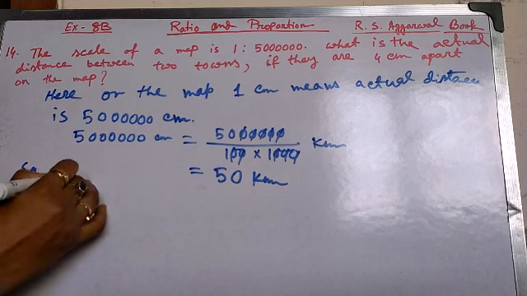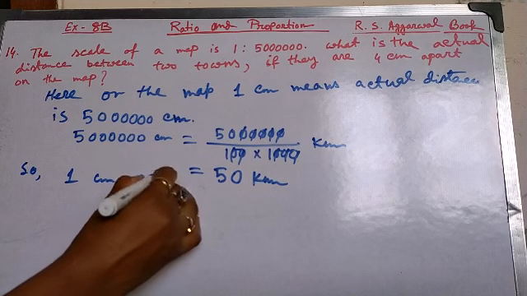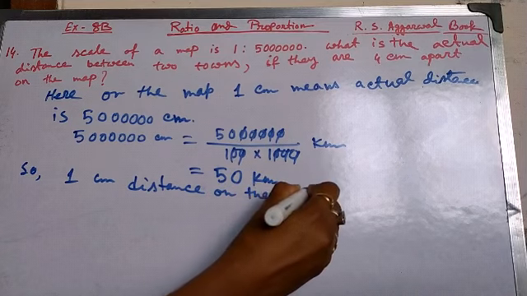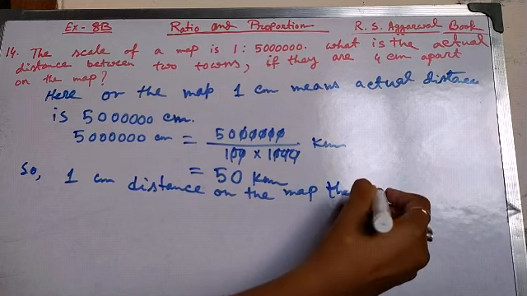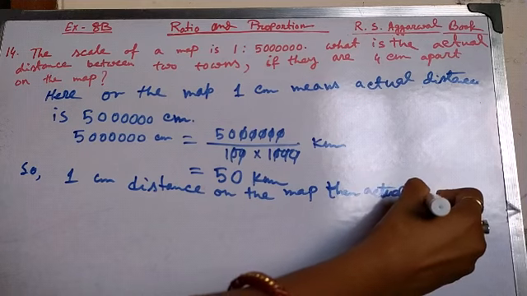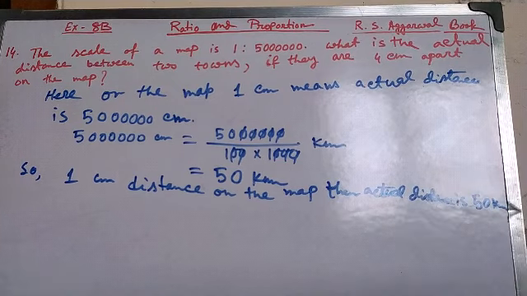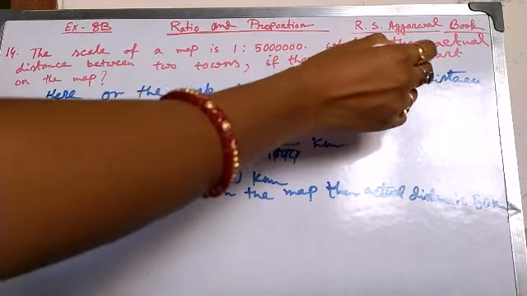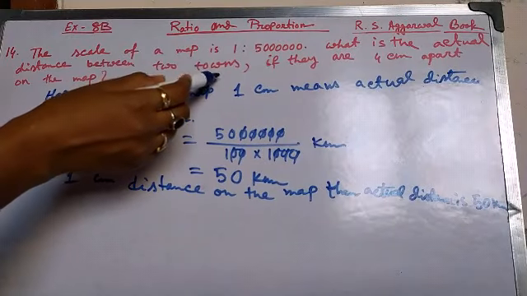So 1 centimeter distance on the map, then actual distance is 50 kilometer. Then here it is given, if they are 4 centimeter apart on the map, that means two towns, what is the actual distance between two towns?